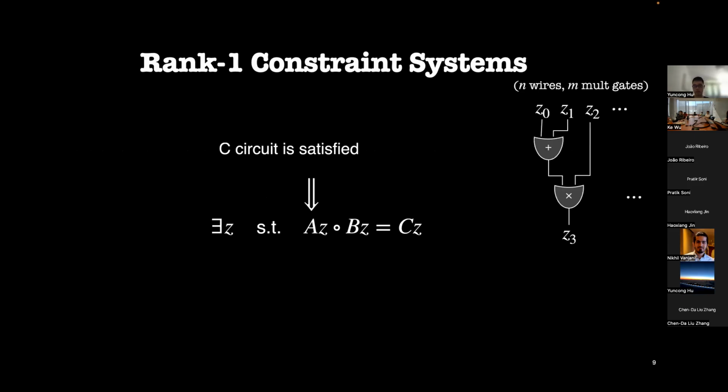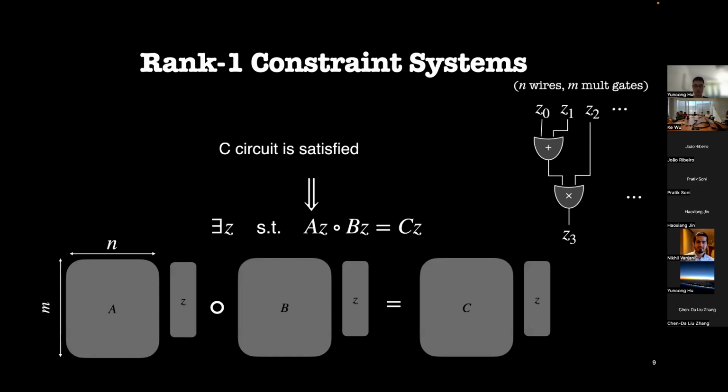For example, if you give me a circuit, I can translate it into an equation with three matrices A, B, and C. If the circuit is satisfiable, then there must exist a vector Z such that the equation here is satisfied, and the circle here means Hadamard product. So when you compute the matrix A times Z and B times Z, AZ times BZ will equal CZ. So any circuit satisfiability can be translated to this form.